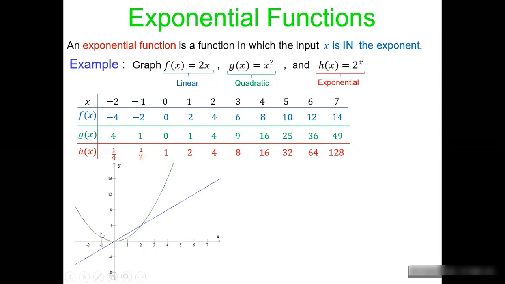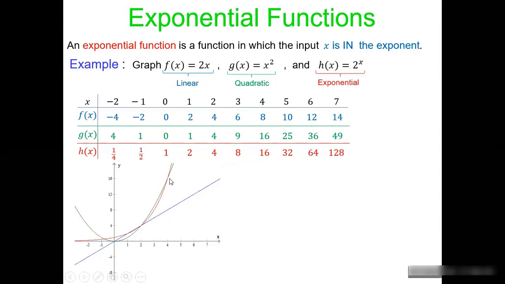So we should be able to see now that this graph, first of all, has no negative outputs, and there's nothing I could even plug in to make this answer 0. So what we'll notice is that going back to -infinity, there's a horizontal asymptote, but this graph tends to increase very quickly. Now, if I take a look at the x value of 2, notice that no matter if I multiply 2 by 2, or if I square 2, or if I raise 2 to the power of 2, I'm always going to get the same output of 4.